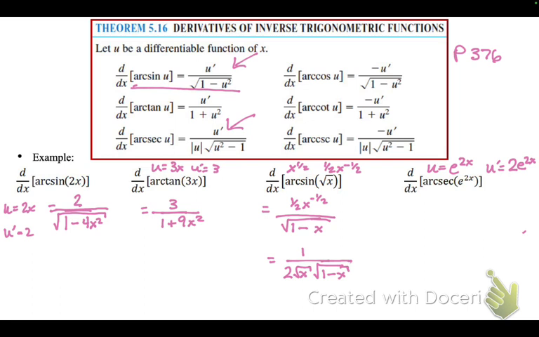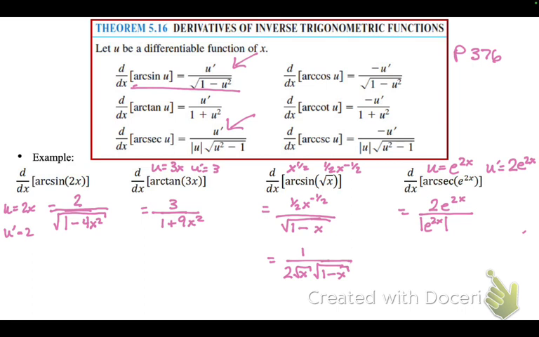Okay, so now I plug that in. So u prime is 2e to the 2x over the absolute value of u, so e to the 2x. Now, is that necessary to have the absolute value on that? Is it ever going to be negative?